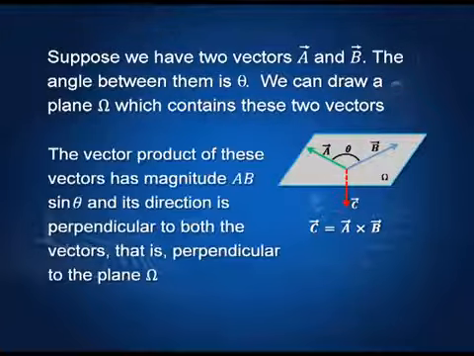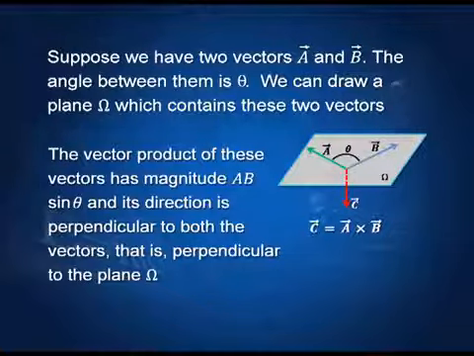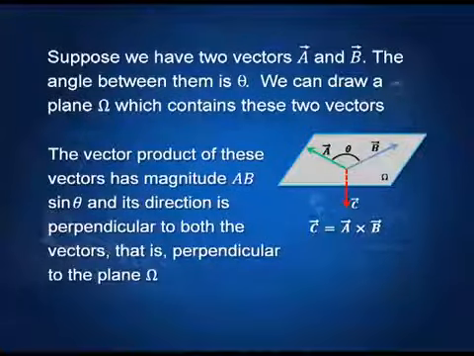The vector product of these vectors has magnitude A B sin theta, and its direction is perpendicular to both the vectors, that is, perpendicular to the plane omega. Let me repeat, the vector product of A and B is a vector which is perpendicular to both A and B, and its magnitude is A B sin theta, where theta is the angle between them. How do you find this direction?